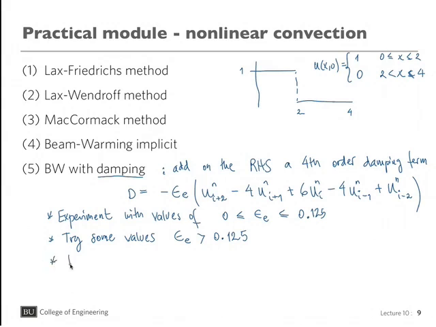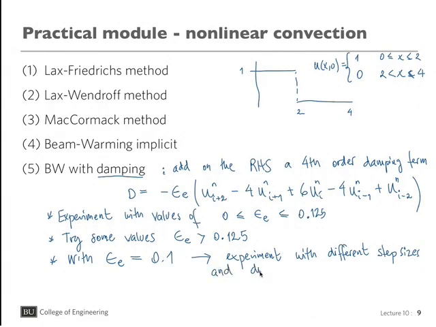And then with the value of 0.1, experiment with different step sizes, and different Courant numbers, delta t over delta x in this case.